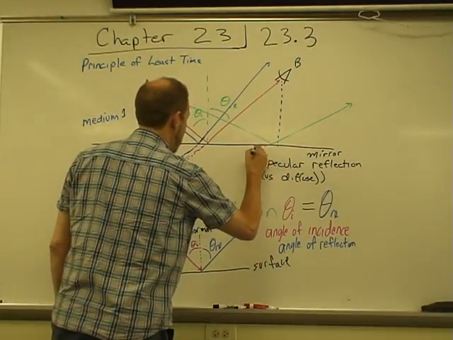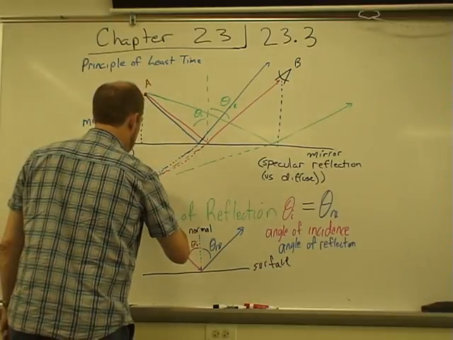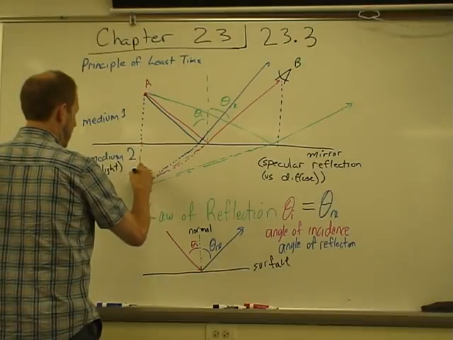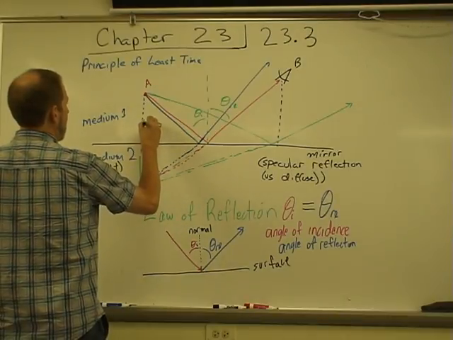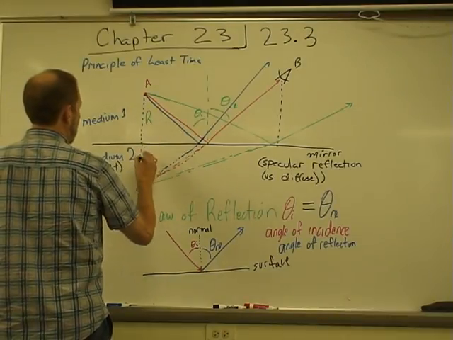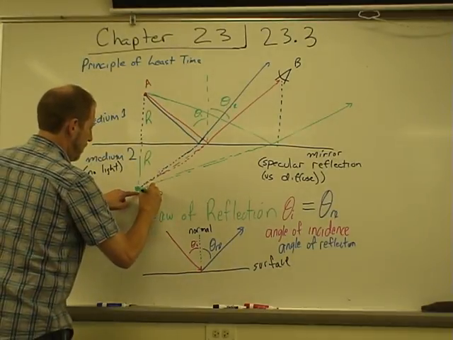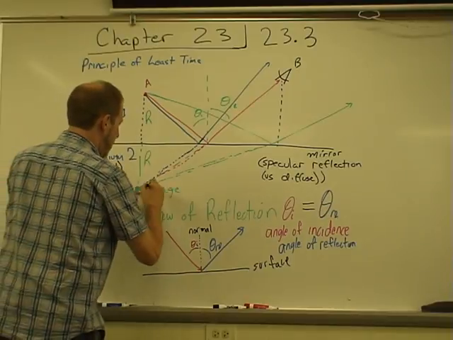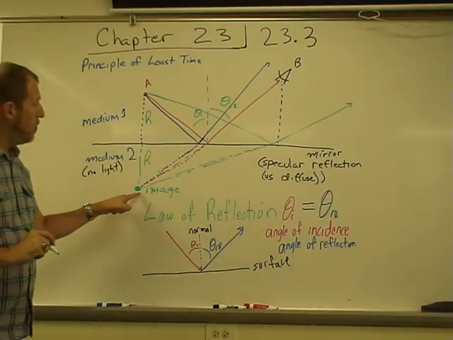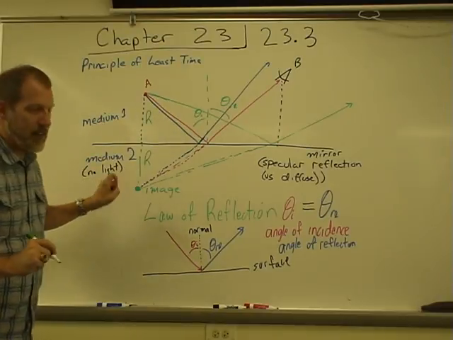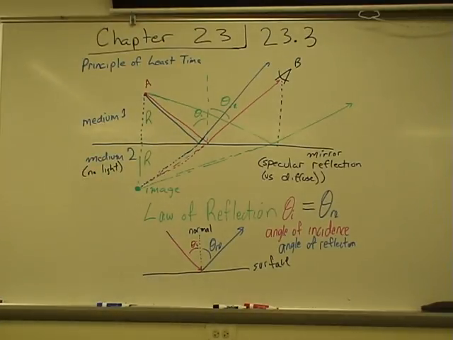If I track these points back, the image is going to appear to be that same distance beyond the other side.